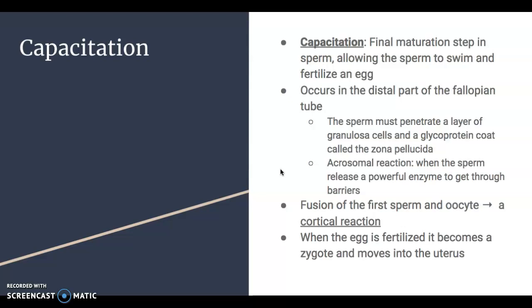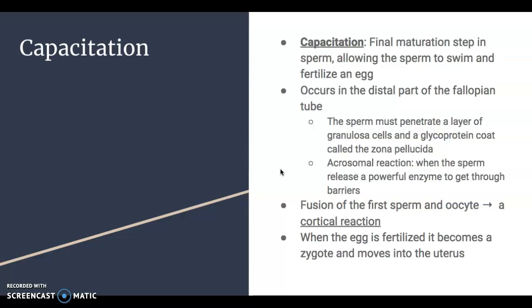The sperm must penetrate a layer of granulosa cells and a glycoprotein coat called the zona pellucida on the egg. Then there's an acrosomal reaction, which is when the sperm releases a powerful enzyme to get through the barriers of the outer layer of the egg.